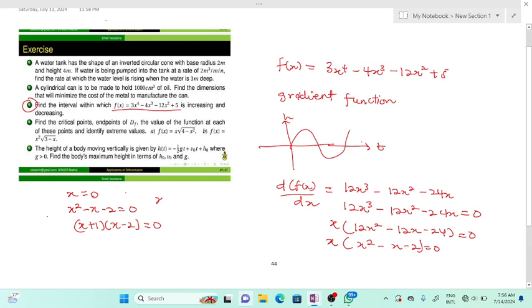Then it came down until it reached another level, another critical point. So at every critical point, there is a change in direction. That is the idea. So we will let these critical points guide us in finding the intervals at which our function is increasing and decreasing.